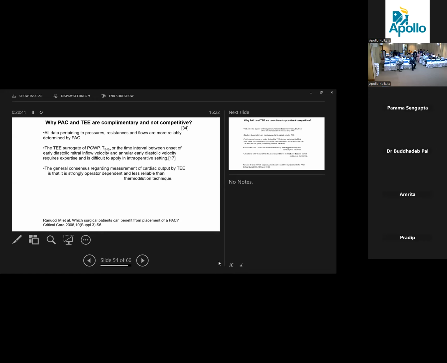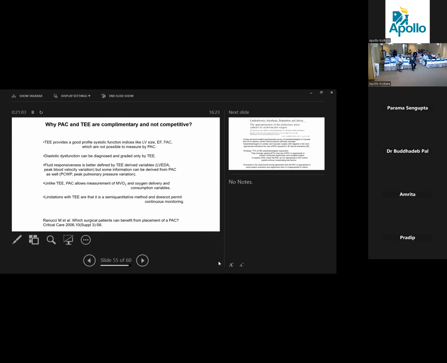It requires expertise and training, and it is difficult to apply intraoperatively with the manipulation of the heart by the surgeons. The general consensus is that measurement of cardiac output by TE is strongly operator dependent and less reliable than the thermodilution technique.